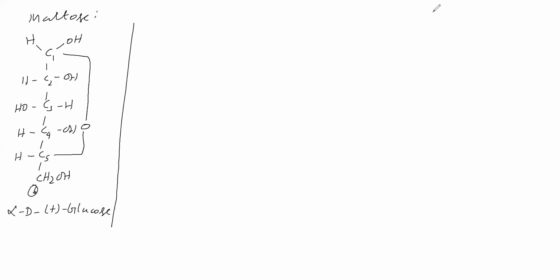Next, we will form maltose. For this, we have to take alpha-D-(+)-glucose two times. First we will write the pyranose structure.